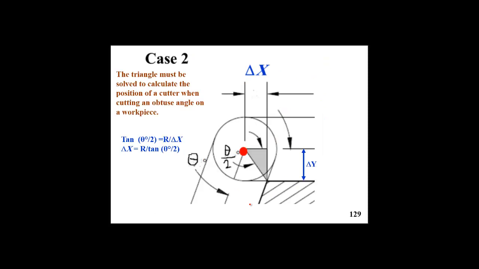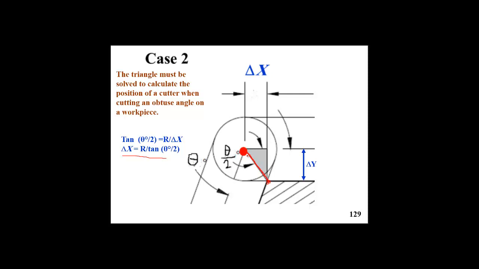So again, this is the second case. We magnify the location of the cutter. This is the edge of the workpiece, and this is the center of the cutter, and this is the line which we use to join the two points.